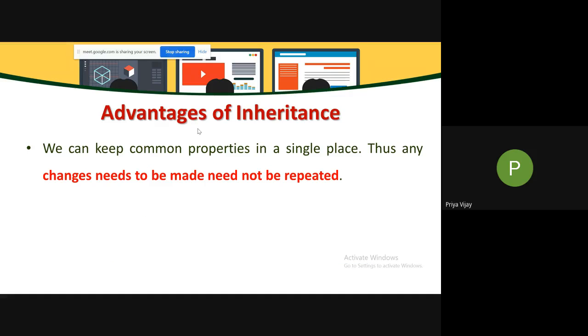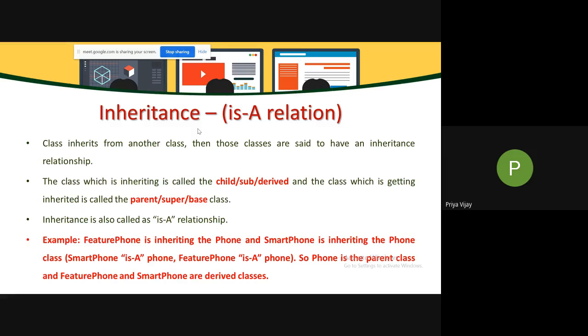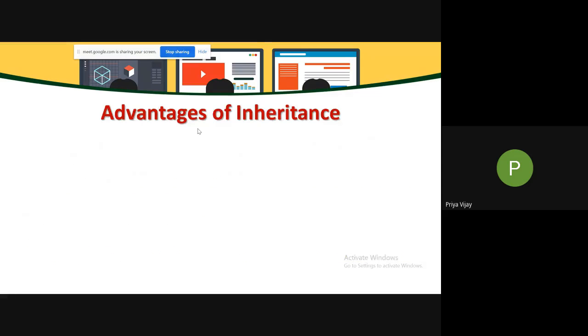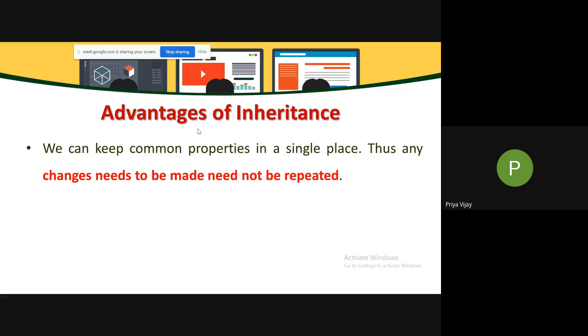So what is the advantage of inheritance? The main advantage is reusability. In the same way, if I want to change some value, in smartphone it has OS, size, something.